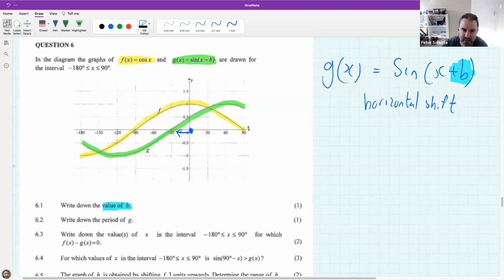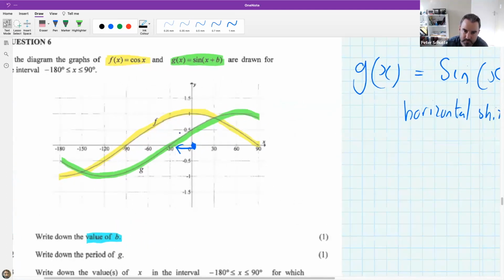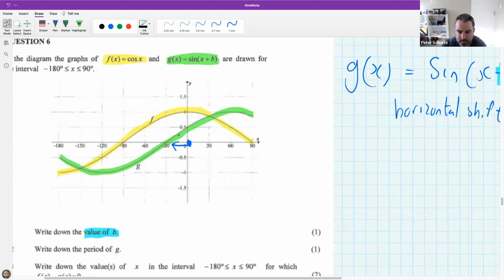What type of shift has happened here? Can you see what I mean? Normally you would expect the sine graph to start here and then go like, it's not the best drawing, but it feels like that point has been moved. It's a horizontal shift. How much has it been shifted horizontally?